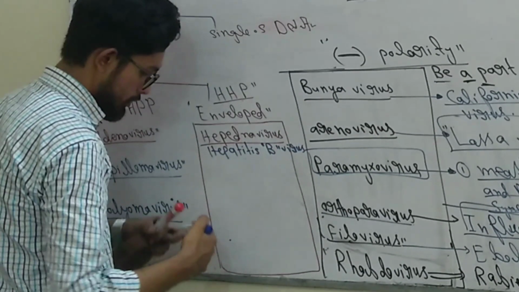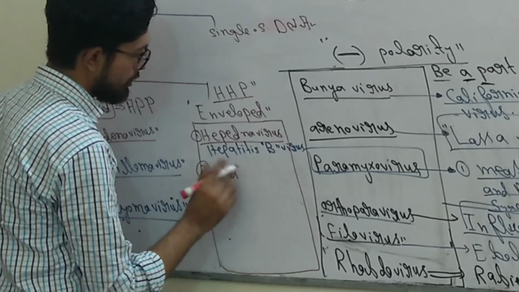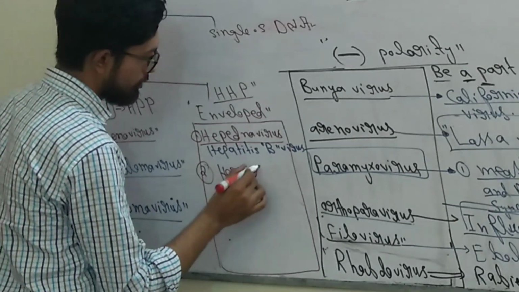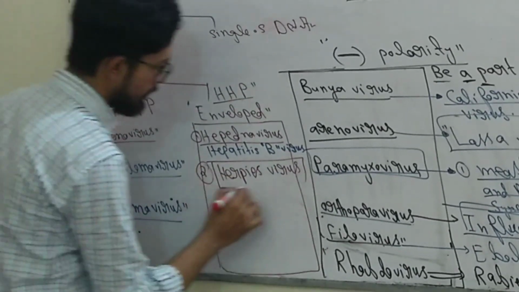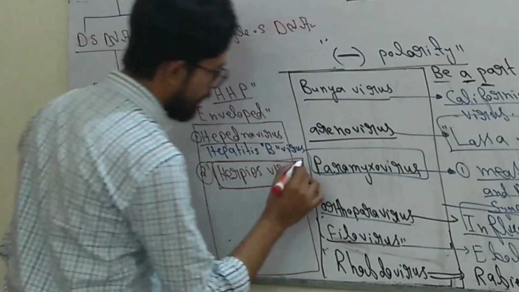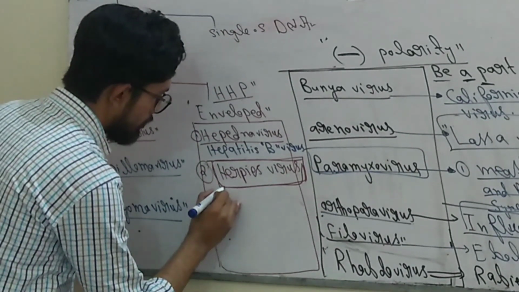And the second one is herpesvirus. Herpesvirus is again a family, and of course it contains different types of viruses.